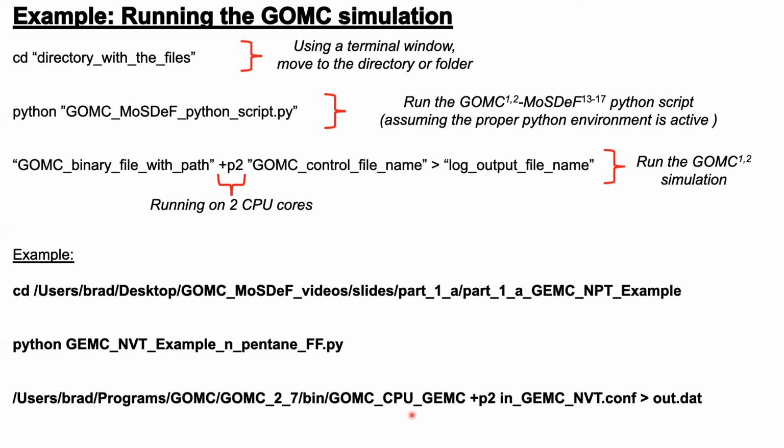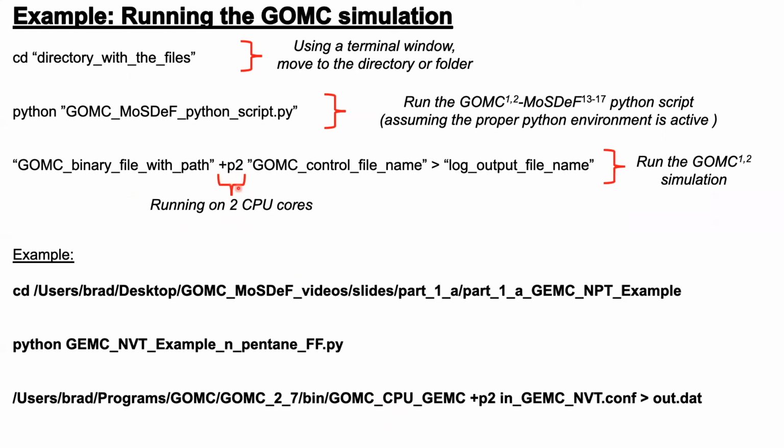On my desktop, I run GPU because I have a graphics processor unit that's compatible. Or on the HPC cluster, I would typically run GPU if I'm doing charges in the system, i.e. if there's partial charges. If there's no charges, CPU is pretty efficient for GOMC. So this would just be changed depending on what you want to do and what's available.